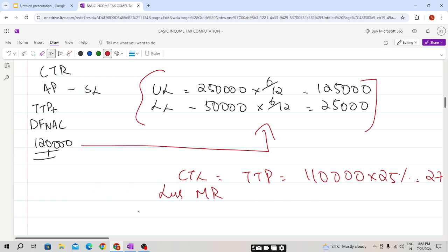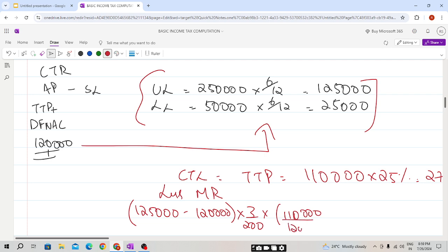Now marginal relief, upper limit here is 125,000 minus augmented profit is 120,000 students into standard fraction 3 by 200 into taxable total profit, it is 110,000 pounds divided by augmented profit 120,000 pounds. So our marginal relief will be students 125, that is 5,000 into 3 divided by 200 into 11 divided by 12, it is 68.75.